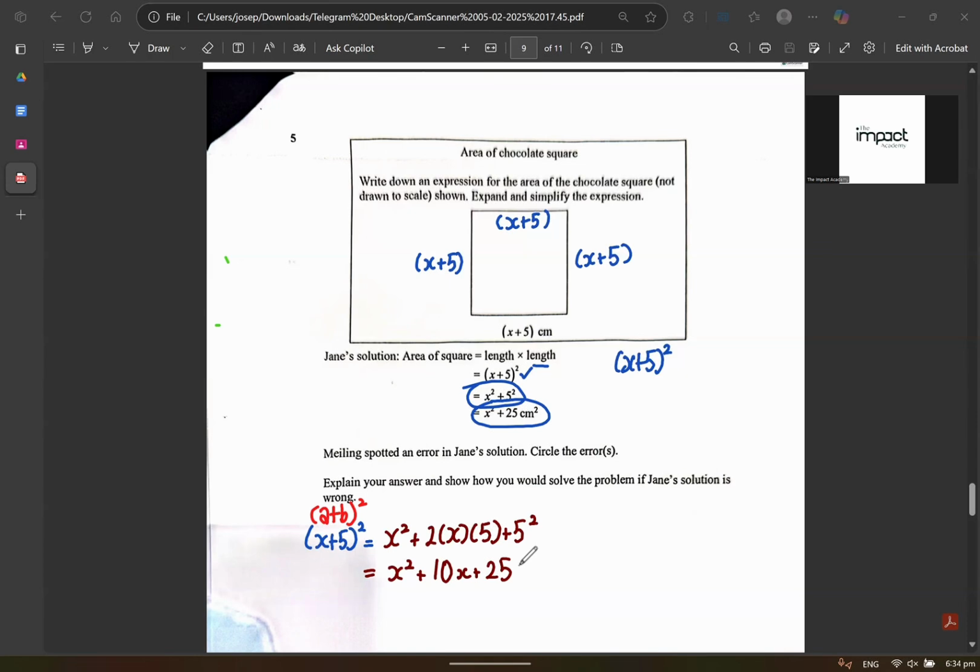How do you explain it? You already showed it, and you must put cm. But how do you explain it? The keyword is how do you explain it?